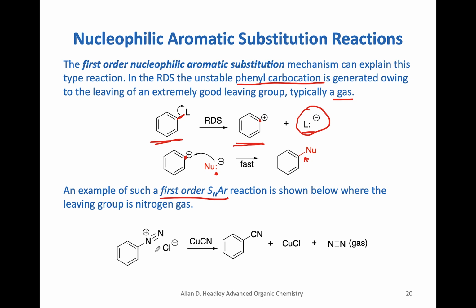As you will recall, this reaction is possible because here we have the CN as our nucleophile. This is our leaving group as a gas. So this reaction will occur by this mechanism known as the first order nucleophilic substitution. But bear in mind that it generally occurs because there's a good leaving group such as a gas.